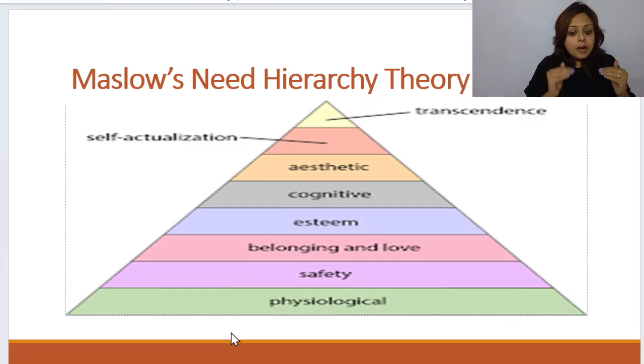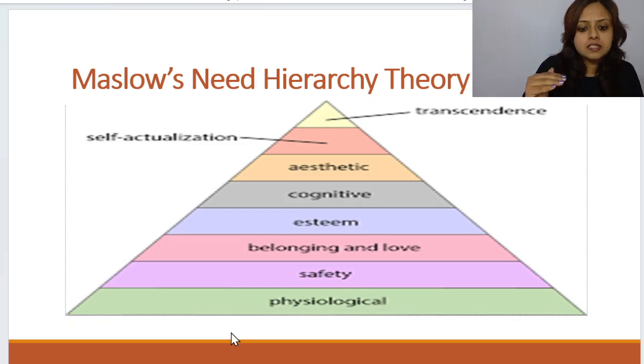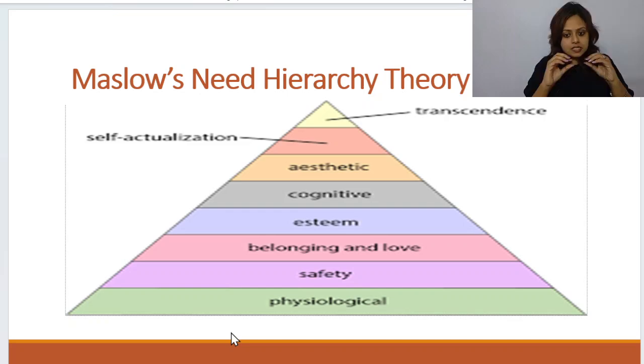But the transcendence need mainly means when an individual is going beyond his personal growth and achievement. Self-actualization is the stage where an individual is having personal growth and achievement.